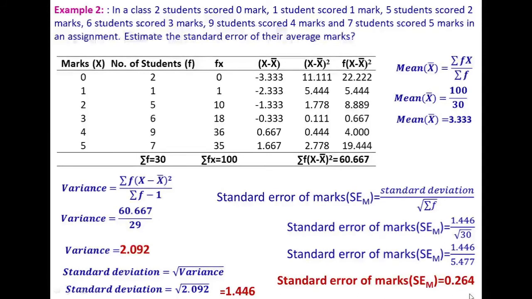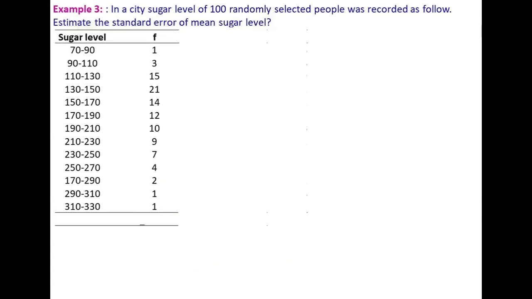0.264. Let's take one more example, where in a city, sugar level of 100 randomly selected people was recorded as follows. We have to estimate the standard error of mean sugar level. First of all, we will make a class interval table and calculate the mid value for individual class.